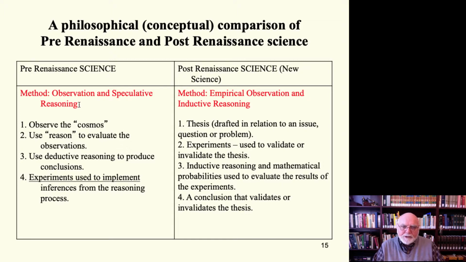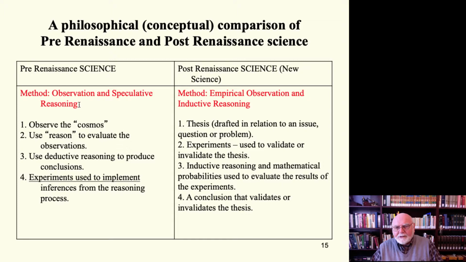Looking at the pre-Renaissance method, you observe the cosmos. You use reason to evaluate the observations you make, and that involves using deductive reason to produce a conclusion. And so far as their experiments or observations are concerned, you're simply implementing the inferences that come from that. Whereas empirical science, this is the sort of science you did at school when you were doing chemistry, assuming you had a lab and you were able to do some experiments.